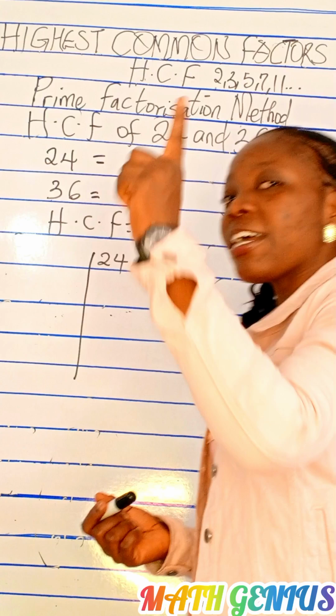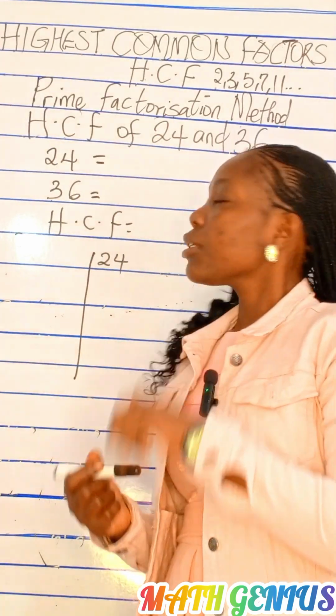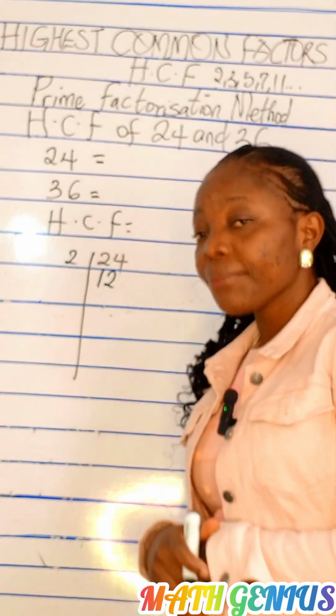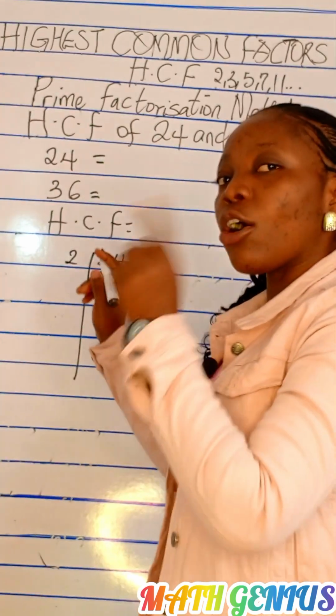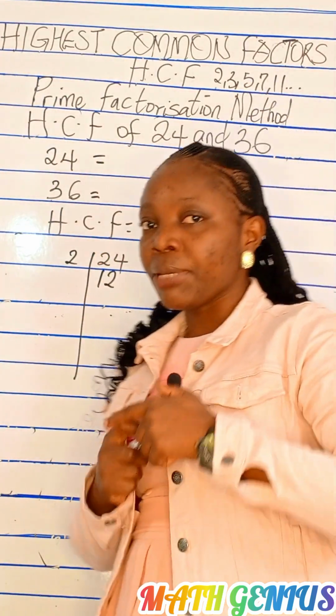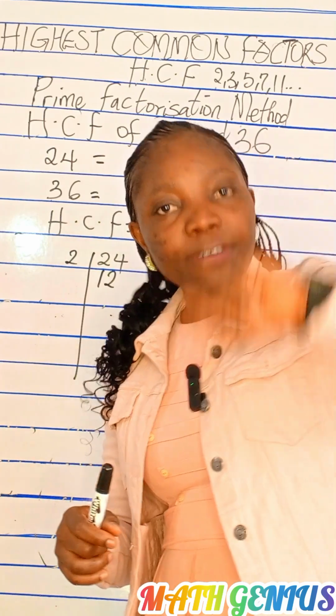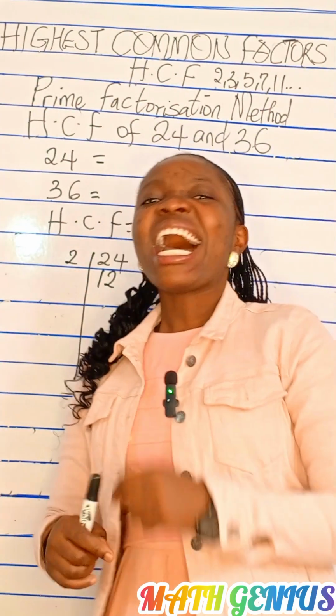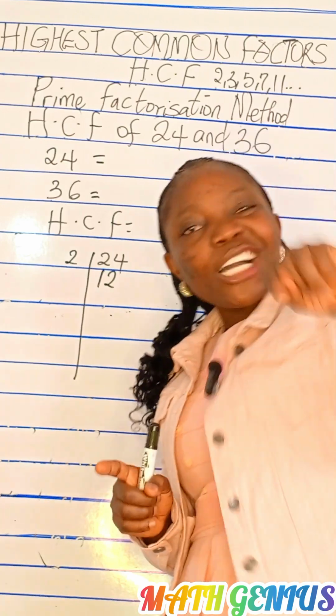This is what I mean. The first prime number is 2, not 1. So 24 divided by 2 is 12, right? 2 can also go into 12. So it's not just about being prime, it's about being a prime factor. I could use 2 because 2 is a prime number, and the same way 2 is a prime factor of 24.